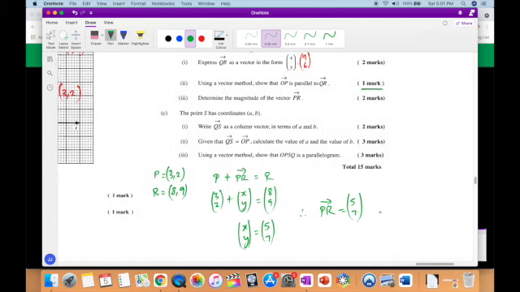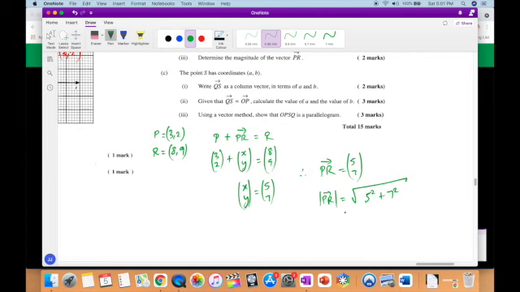Right? So hence, the modulus of PR is going to be the square root of 5 squared plus 7 squared. The magnitude or modulus of PR. So 5 5s are 25 plus 7 7s are 49. 25 plus 49 is 74, the square root of 74.